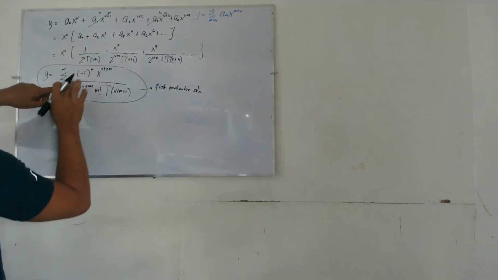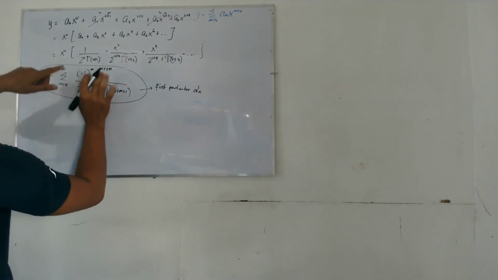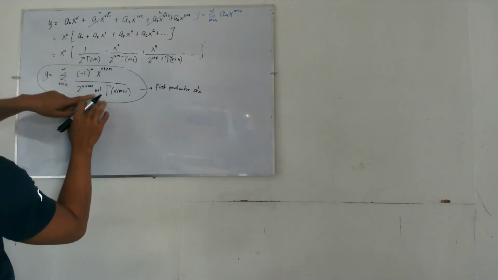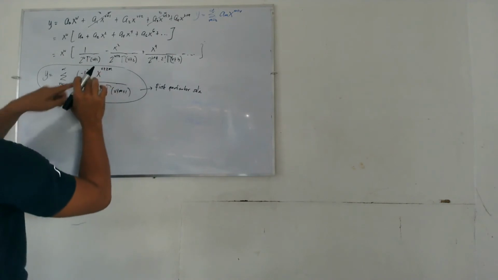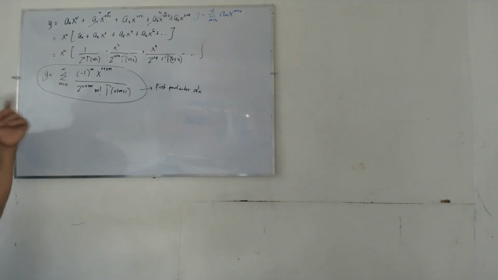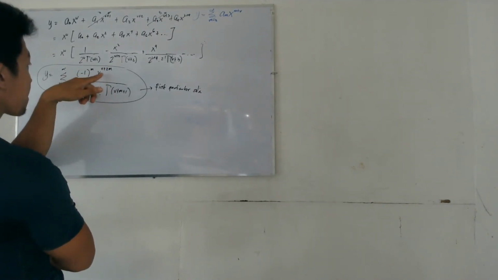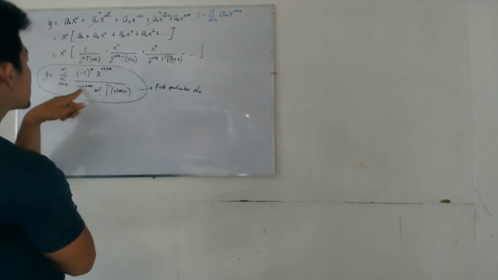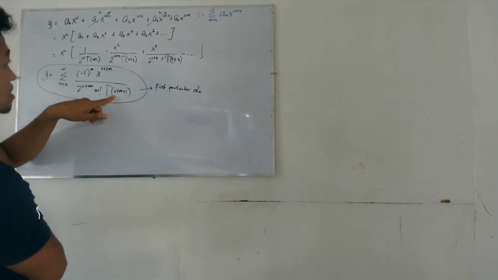When m equals 0, so positive. Negative 1 to the 0 is 1. x^b over 2^b gamma b plus 1. When m equals 1, negative 1 x^(b+2) over 2^(b+2) 1 factorial gamma b plus 2.